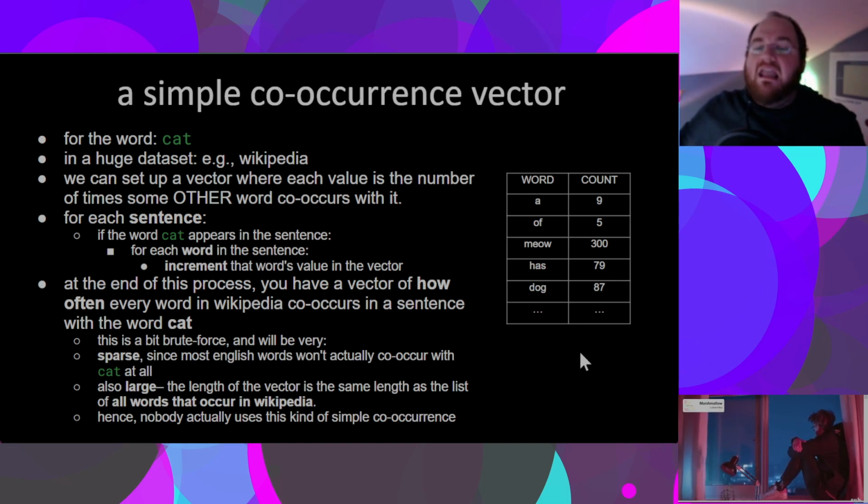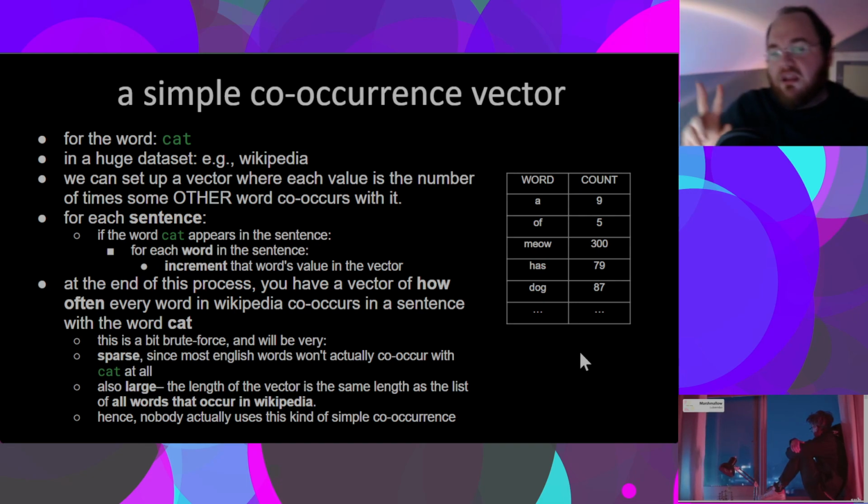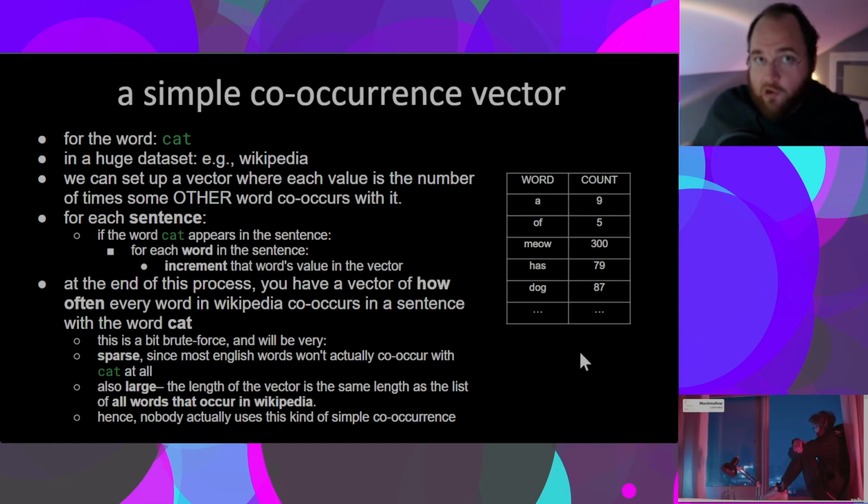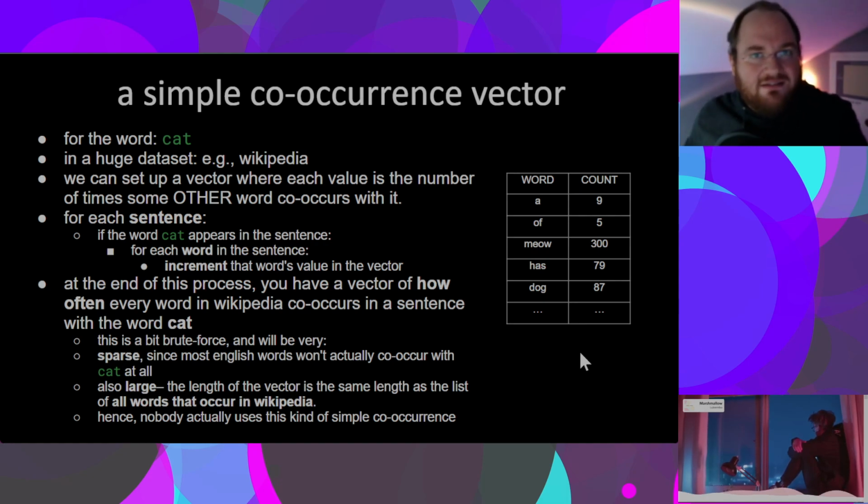Okay. It's a bit brute force, and it'll be two things. Sparse, since most words don't co-occur with cat. For example, the word bullet-train, hyphenated, probably not going to show up with cat very often, right? So it would have a 0.